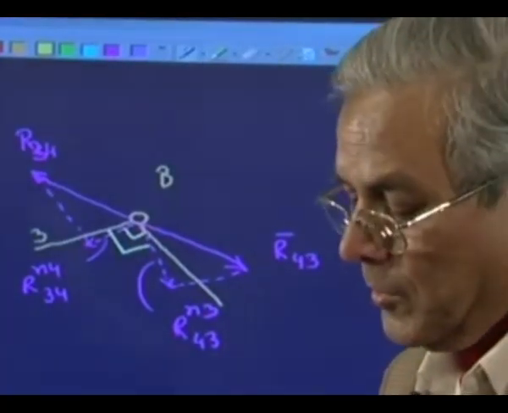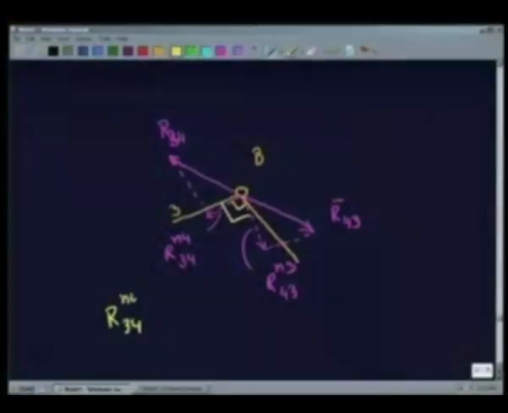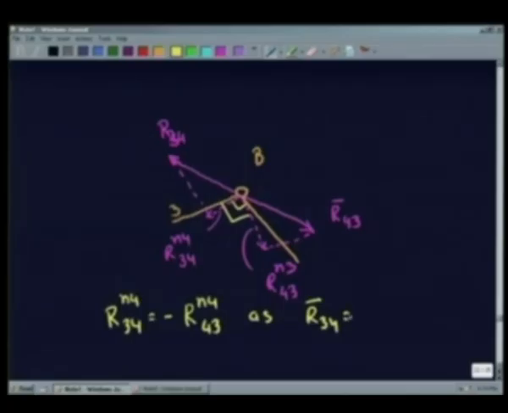Now you all know that R34 normal to 4 is nothing but minus R43 normal to 4, because R34 is just equal and opposite to R43 according to Newton's third law.